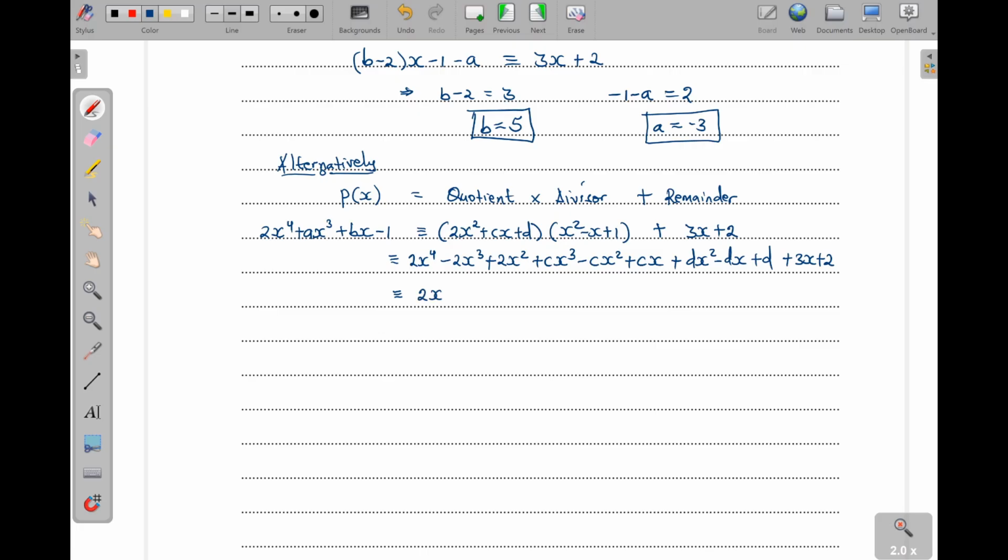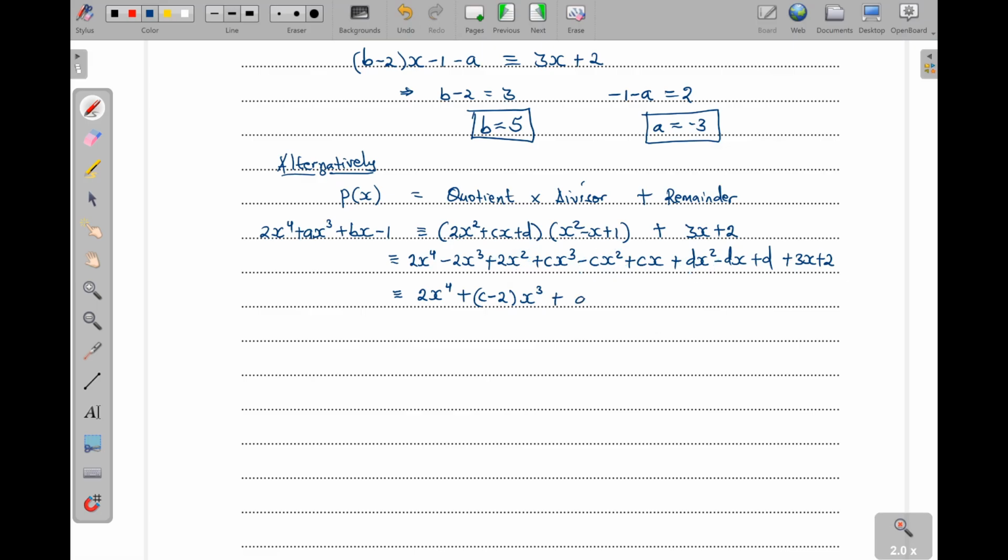We have 2x to the power of 4. Then x cubed, we are seeing this one and this one here. So that will be c minus 2. So I'll write c minus 2, then x cubed. And then the next one is going to be x squared. So we have this one here and this one here. Okay, so that is d minus c then plus 2.